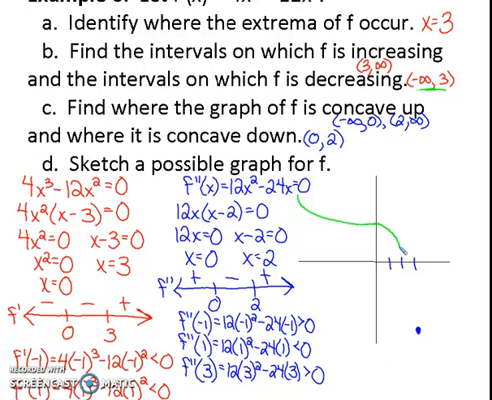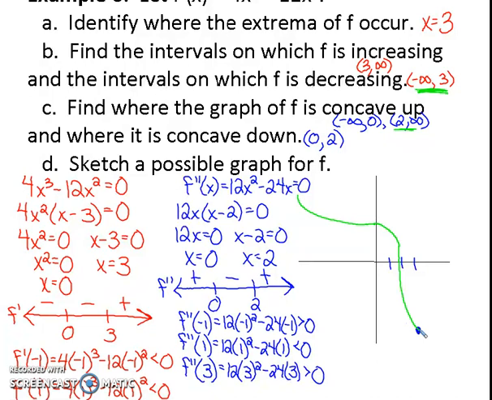My next little section would go from that point of inflection at 2 until the minimum at 3. 2 to 3 is concave up, but it's also still decreasing. So decreasing, concave up, it would look maybe something like that.